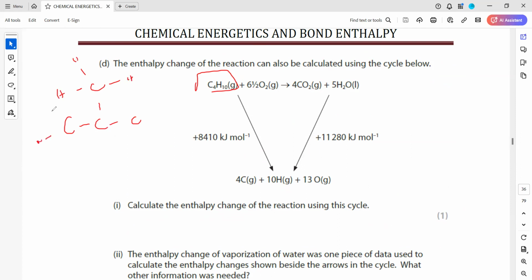So what information do we need to calculate this energy? We need the bond energy for carbon-carbon, carbon-hydrogen, oxygen-oxygen, and carbon-oxygen. We need all the bond enthalpies.